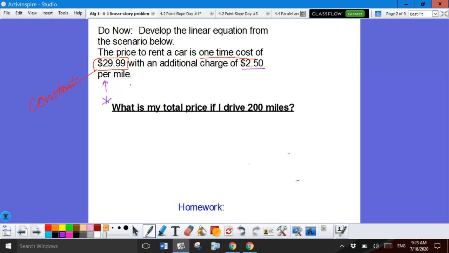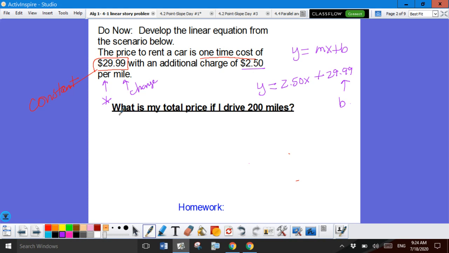Okay, and mile, this is the part that's going to change. So since I have a constant and I have a change, this is a y equals mx plus b, or a slope-intercept form equation. Okay, so my equation is going to be 2.50x, because that's the one that changes and I have the per, plus $29.99. Now this, remember, this is the constant, so that is my b.